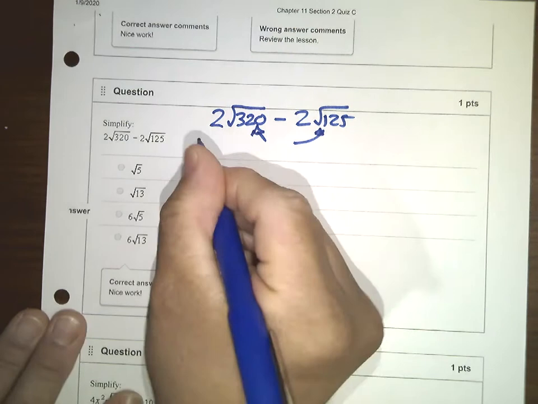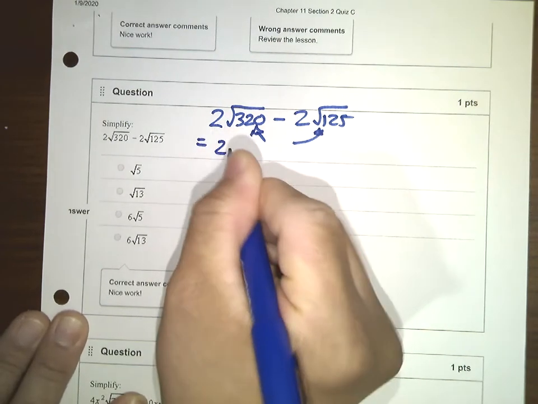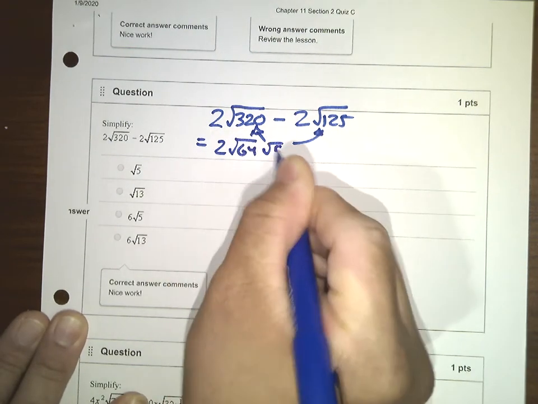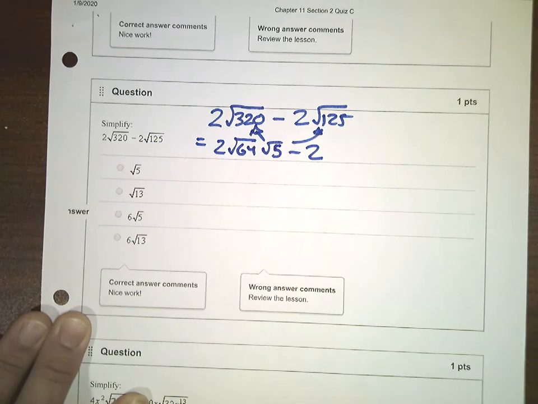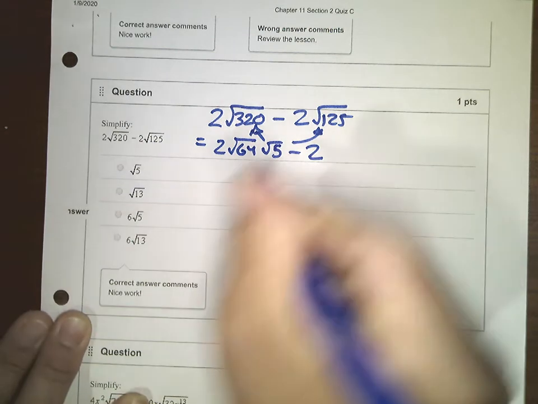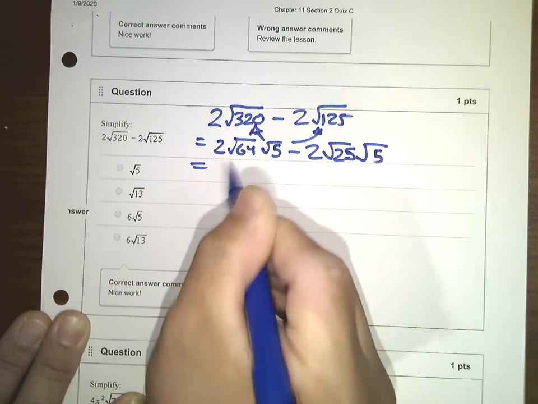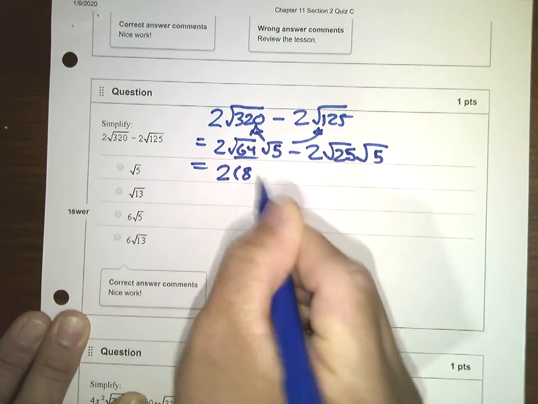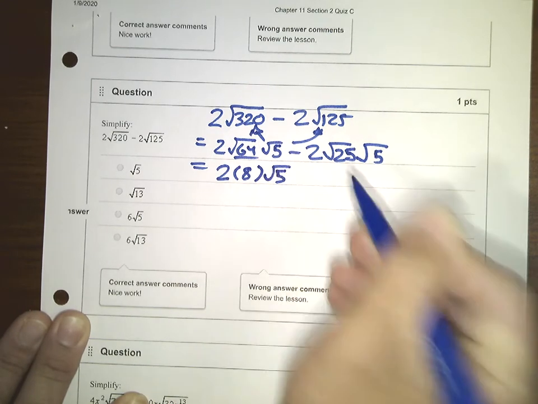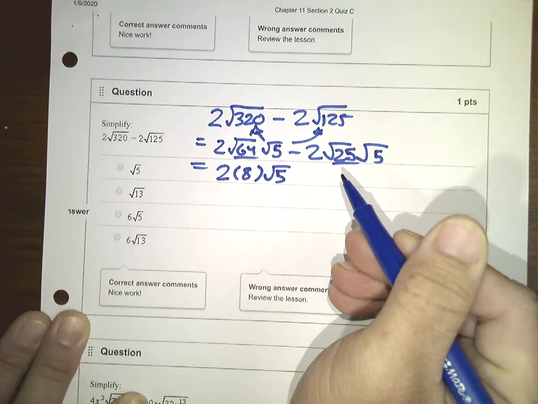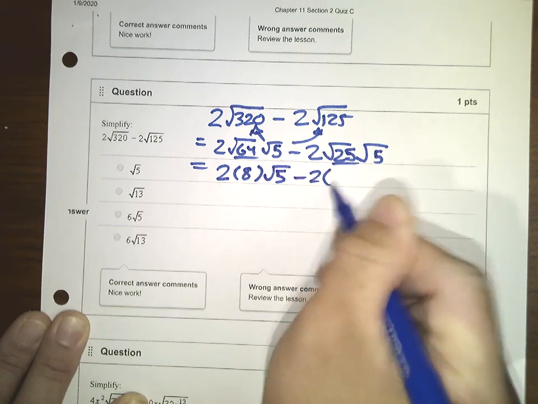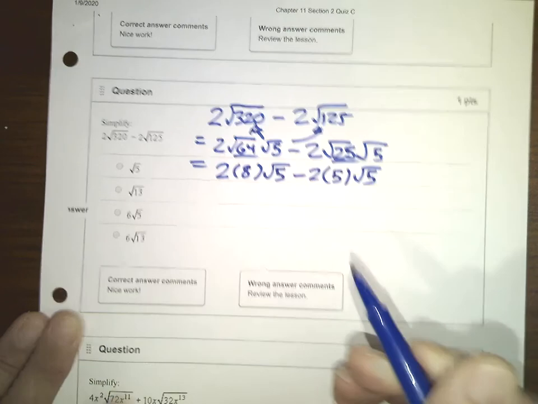All right, so I know that 320 is 64 times 5, and then 125 is 25 times 5. So the square root of 64 is 8, so I have 2 times 8 square root of 5. And the square root of 25 is 5, so I have minus 2 times 5 square root of 5.